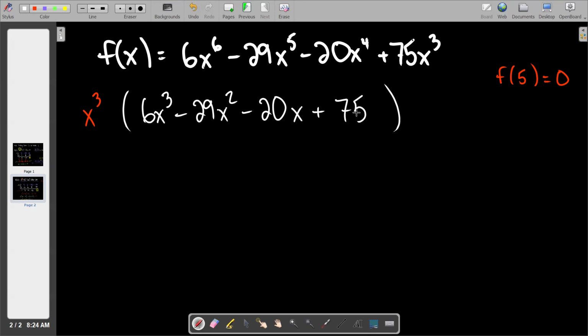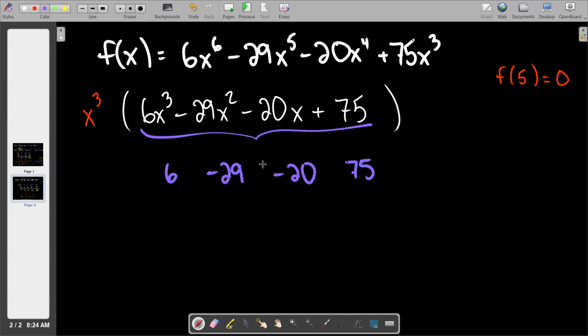So let's dive in. We're going to use the coefficients of what's in here to set up our synthetic division, and they are 6, negative 29, negative 20, and 75. And what number are we going to put outside? Regular old 5.